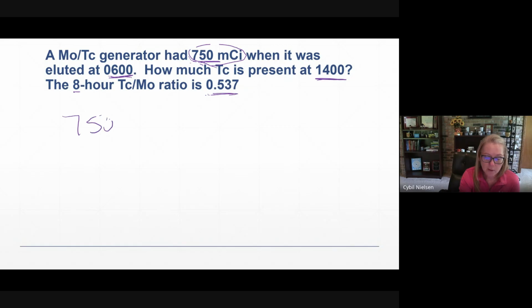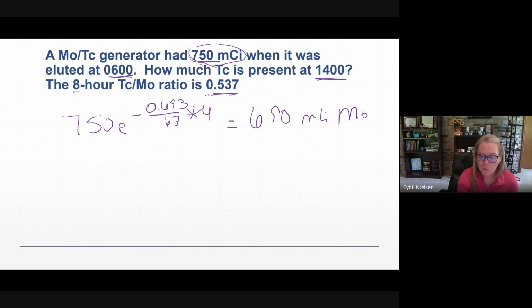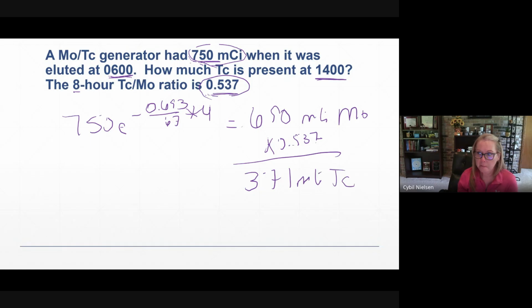So I do my decay equation, and I end up with 690 millicuries of molybdenum. Once I know how much moly I have, I just multiply it by the ratio, 0.537, and I have 371 millicuries of tech.